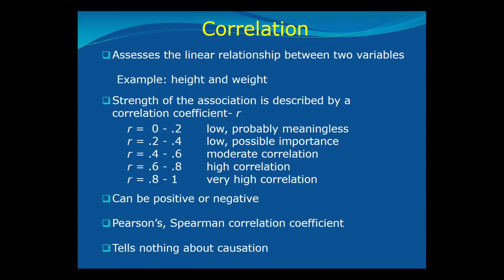There is a special formula to calculate the correlation coefficient, but in statistical software we get a value of R which varies from -1 to +1. According to the range in which R appears, we can make our conclusions about the strength of the association.